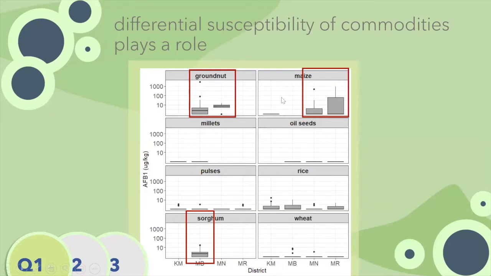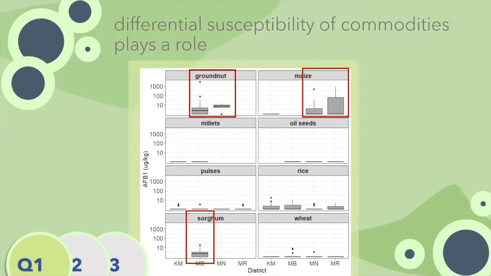And then if you look at the panels for groundnut, maize, and sorghum, as highlighted here, we're seeing that in the districts where these commodities were present in the food system, we observed rather high levels of contamination, whereas pearl millets, oil seeds, pulses, and wheat had very much negligible levels of aflatoxin contamination.